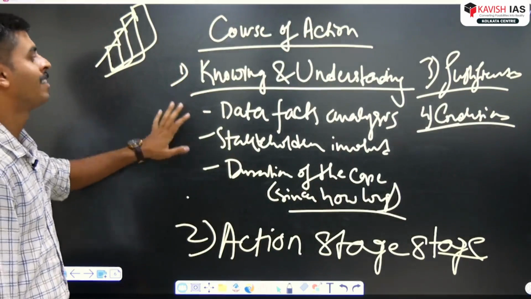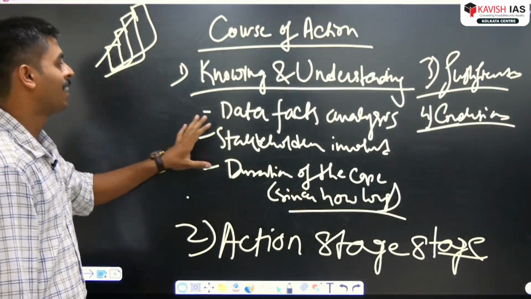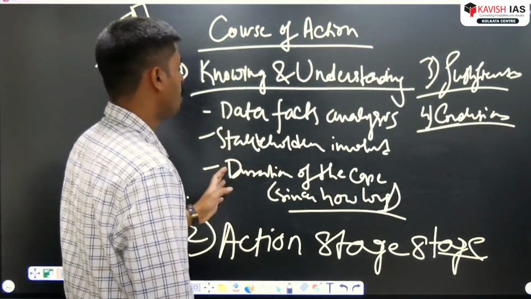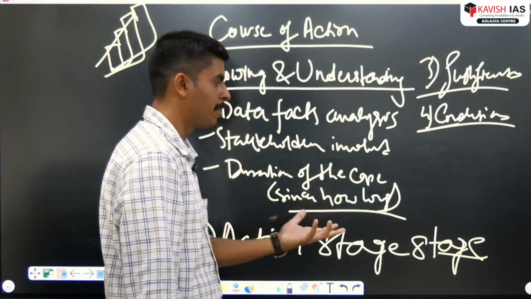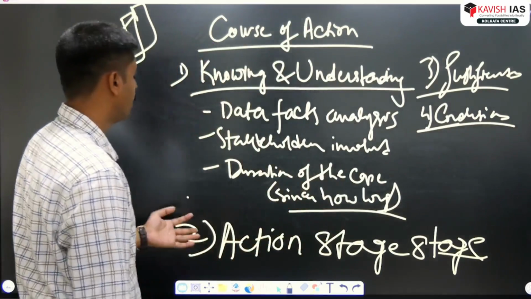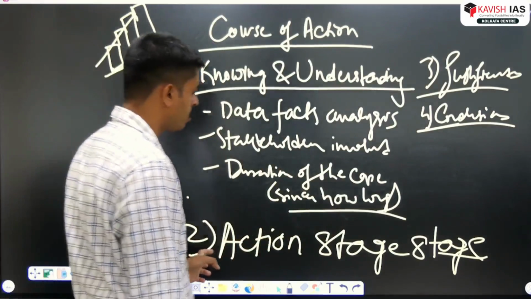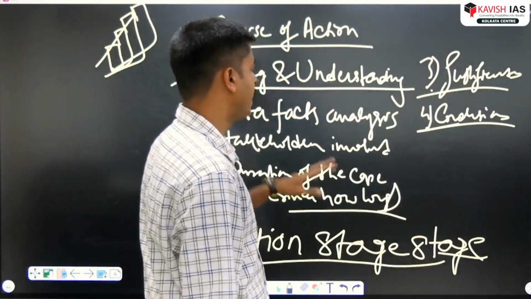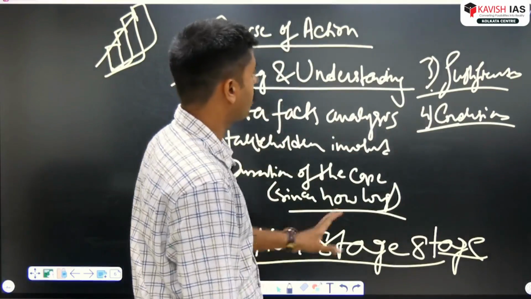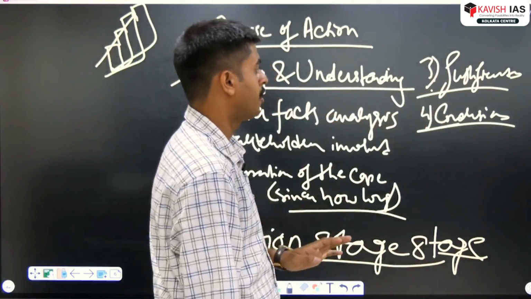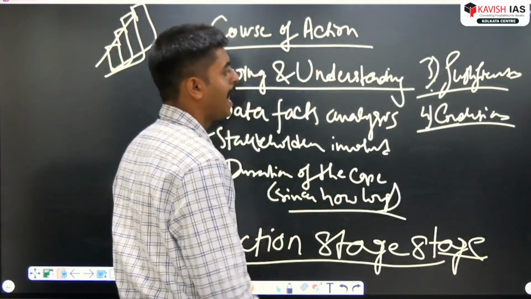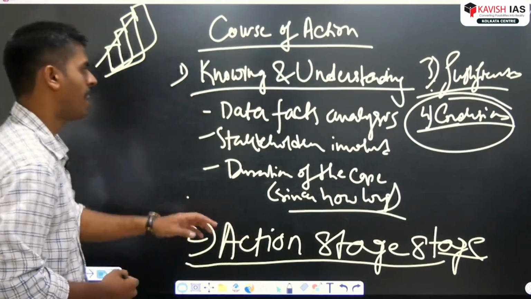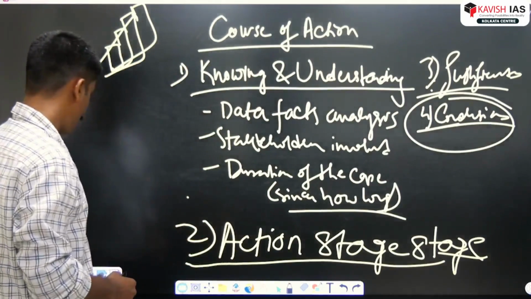First, knowing and understanding, which comprises analysis of data and facts, stakeholders involved, and duration, or since how long the issue has been there. Then after analyzing all these things, you go through the action stage. Then after writing the course of action, you give justification for it, and then the conclusion part finally, just as we did in the options.